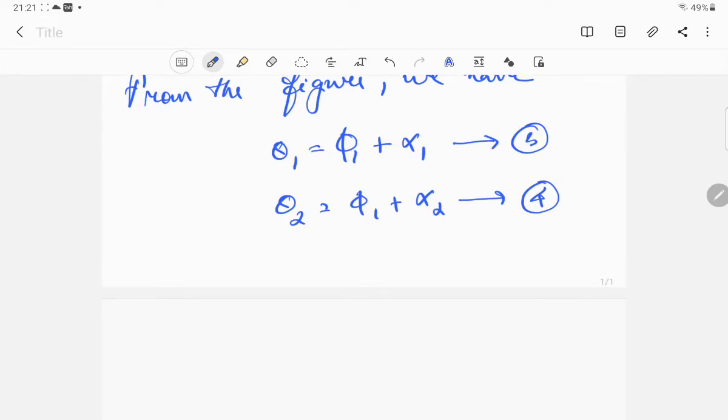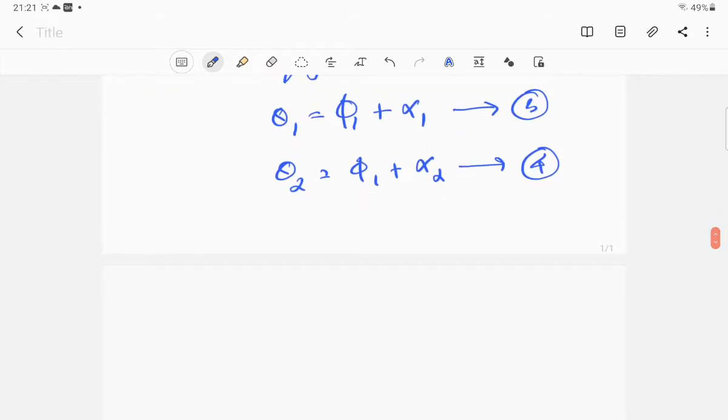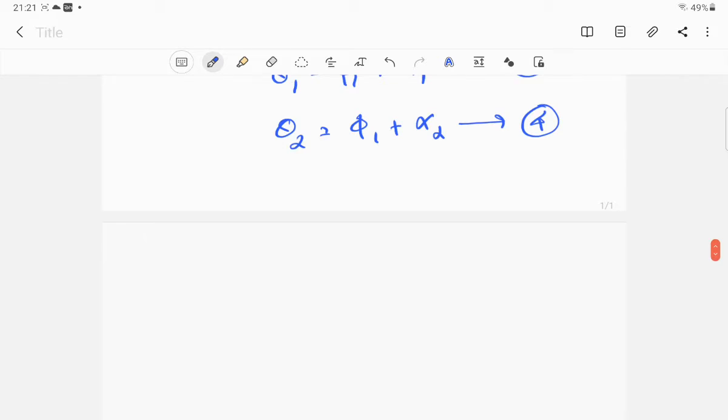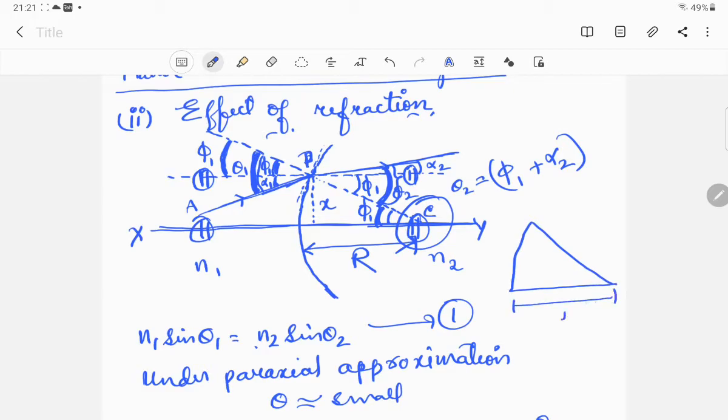So these are simple geometrical considerations that we have taken. Now next thing that we are supposed to consider. In the diagram you can see what is phi 1. Let us go back to the diagram. See, this is the center of curvature. So this is nothing but the radius of curvature, and this is the distance. This is the radius, and if I consider this to be x, approximately this one will also be equal to x, approximate, it's not equal.